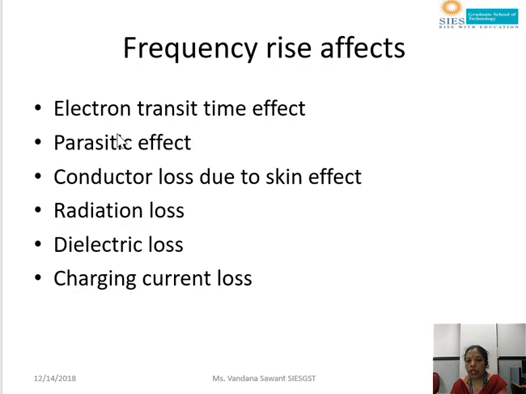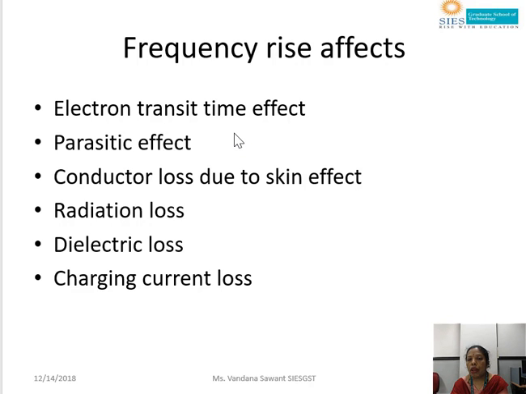But before that we will start with the losses. What does parasitic effect mean? At a high frequency, lead inductance as well as inter-electrode capacitance goes on increasing. We know that as the inductance increases, reactance increases, but as the capacitance increases, reactance decreases.